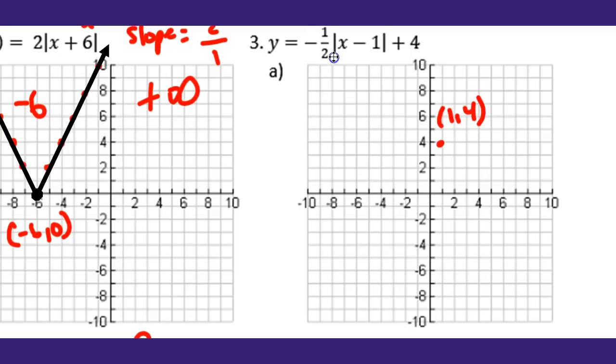And then my slope is 1/2, but in this case it's going to open down, so it's -1/2: right 2, down 1, or left 2, down 1. Remember, your negative tells you this thing is going to open down.